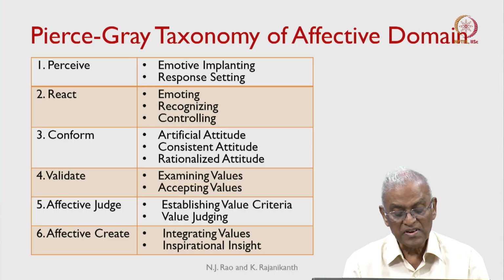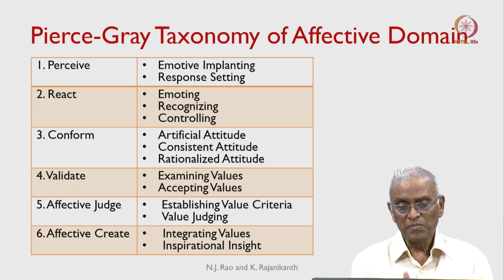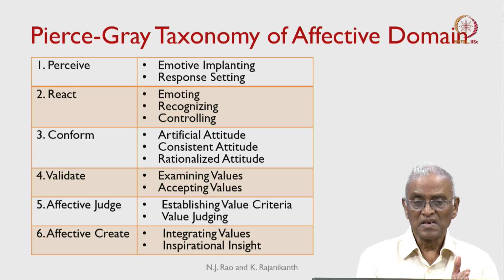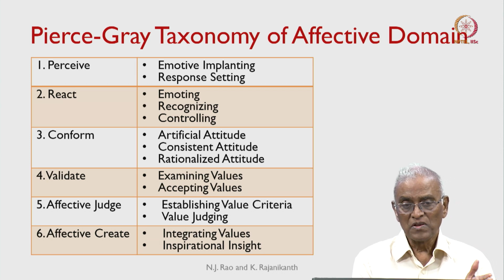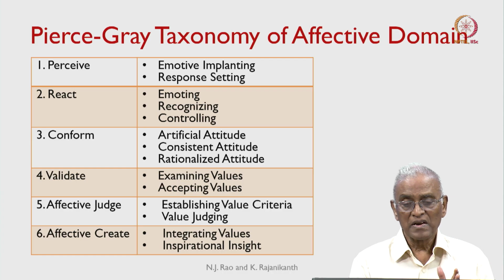And then affective create. Depending on your other values, you integrate, because whatever new things you have acquired cannot be in contradiction with your other values. So you integrate the new value with your existing values, and you are comfortable with that.